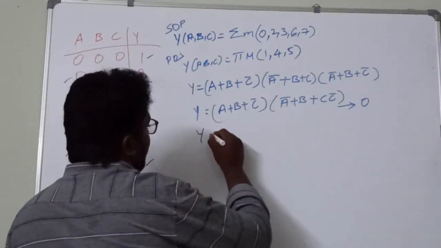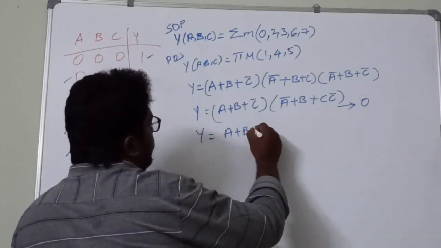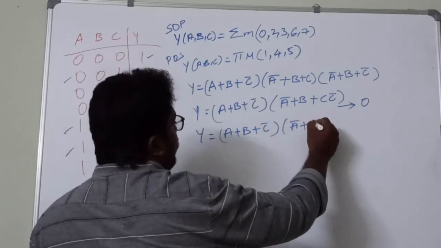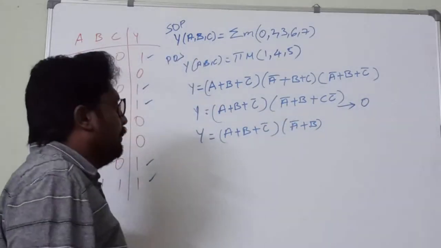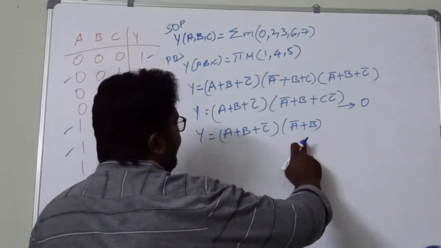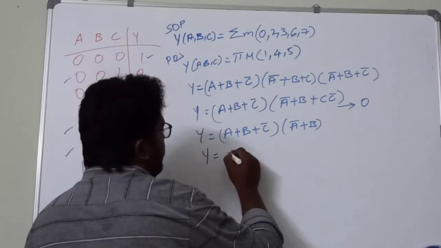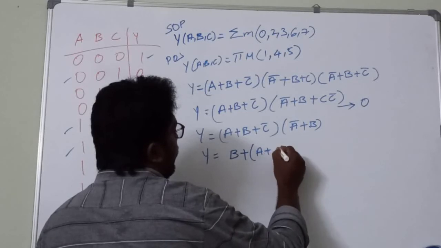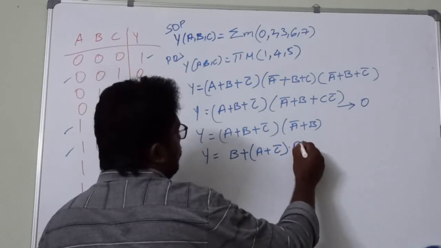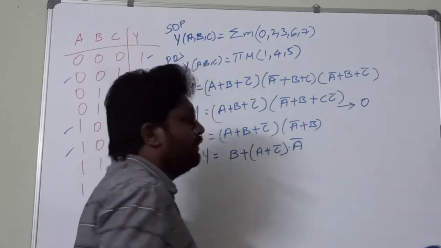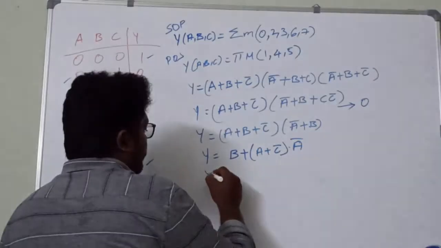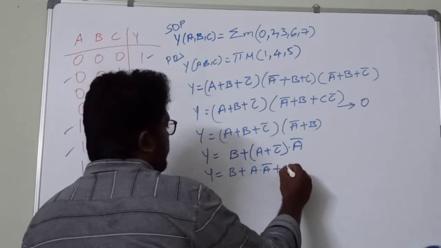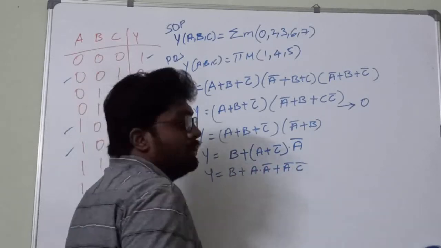So now the expression becomes y is equals to A plus B plus C complement into A complement plus B. So here we are having B as common, right? So y is equals to B plus A plus C complement into A complement. So now the expression becomes B plus A into A complement plus A complement into C complement.